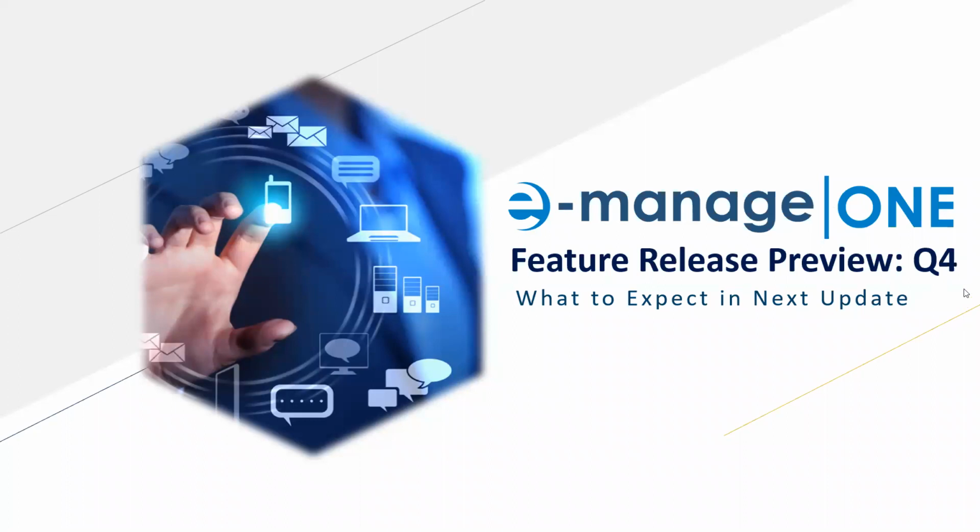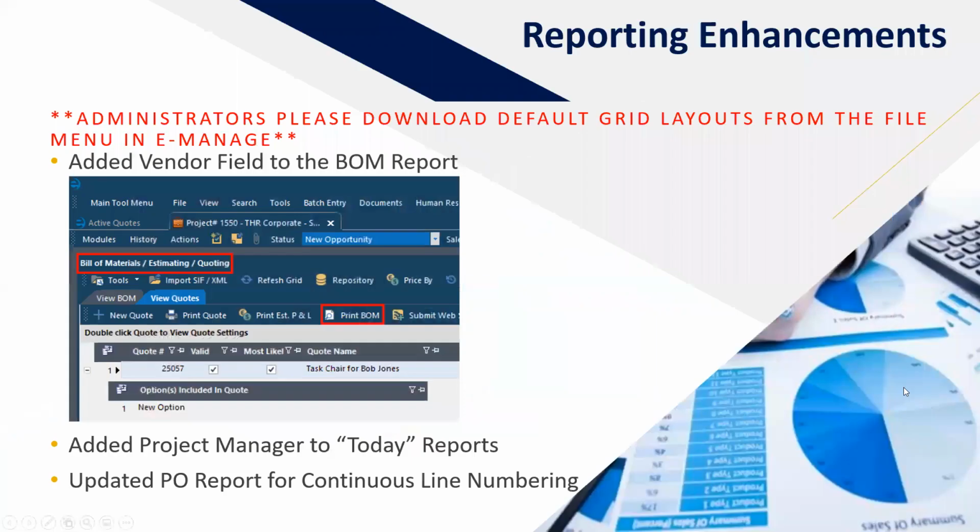Some exciting stuff. First of all, we've done some reporting enhancements. As always, administrators, please download those default grid layouts from the file menu in eManage. You'll just go File, Download Default Grid Layouts. Only the administrator needs to do that. You should be pretty used to that.